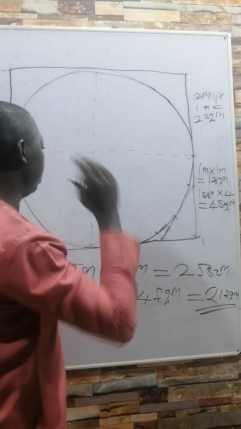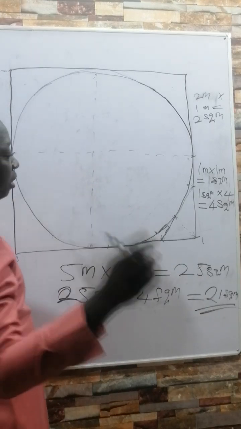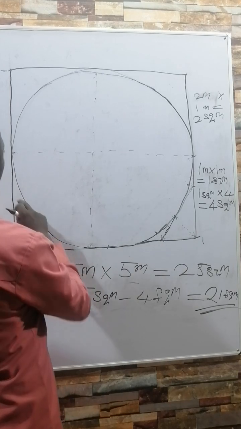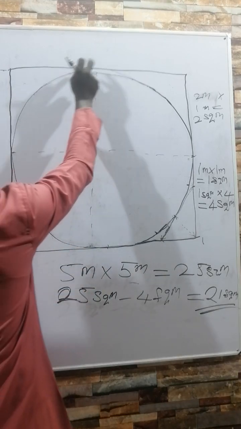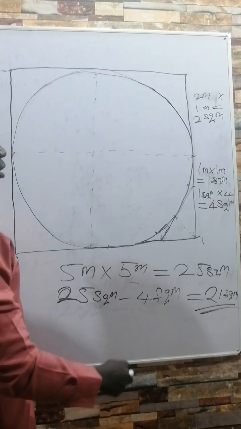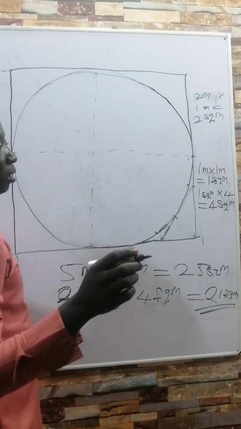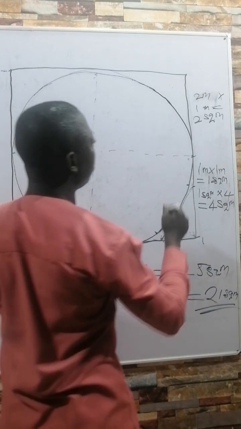So what you're going to do now is multiply it by 1, 2, 3, 4, 5, 6, 7, 8. There is going to be 2 square meters multiplied by 8, which is 16 square meters.